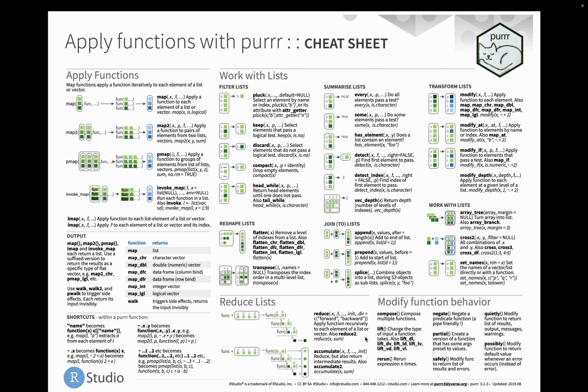Okay, now it is outside of what we're going to see, and so we aren't going to go over much of them. But again, here's the cheat sheet that I always give. Okay, we're going to focus on more of like the first column, the map to pmap, invoke map, those things on the left.